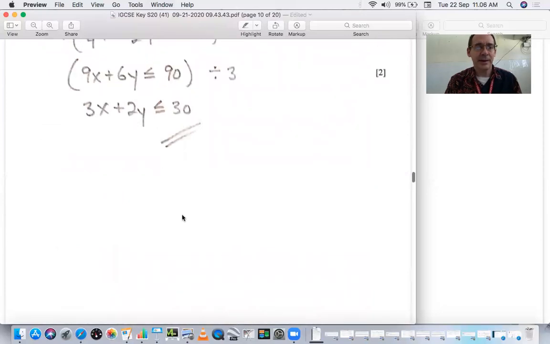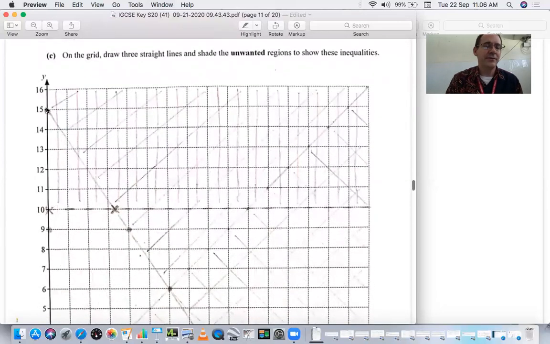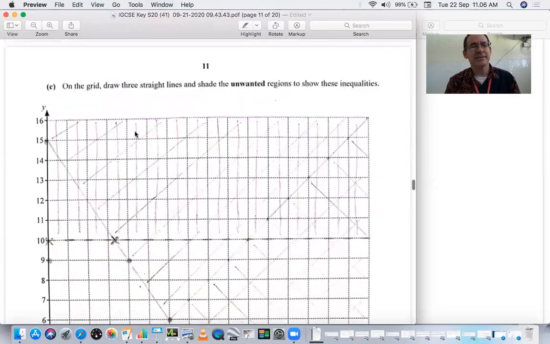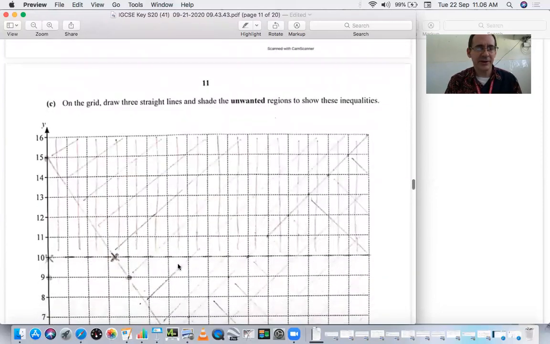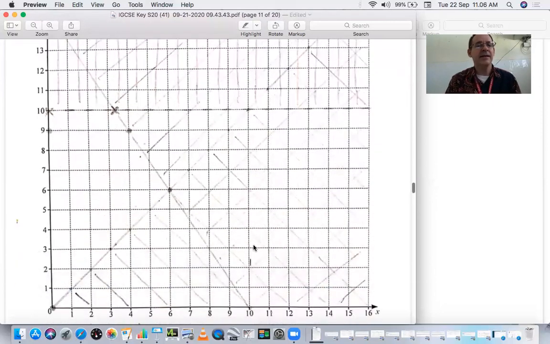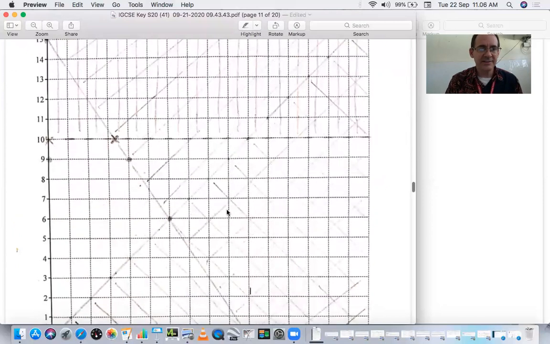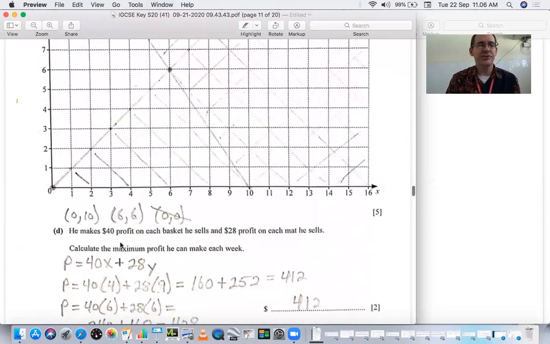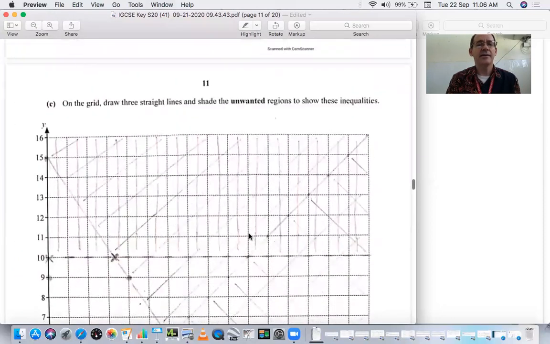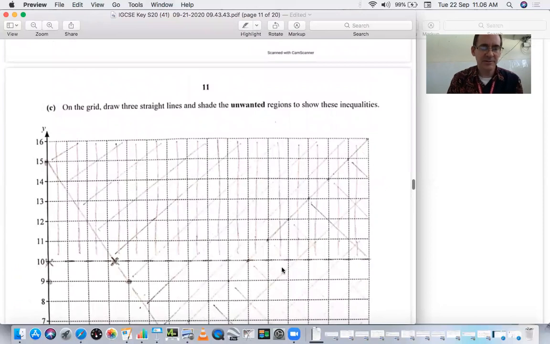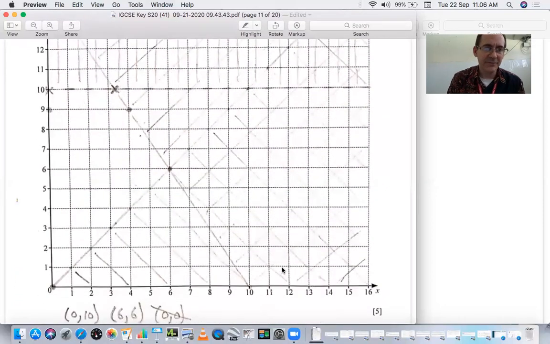And 30 divided by 2 is 15. So we have a 15 on the y-axis. And it says less than or equal to. So it is a solid line. And we do the shadings in the opposite direction of the inequality, because it says to shade the unwanted regions. So the region that you should have left after you shade the unwanted, that means opposite from the inequality, and this region over here is your feasibility region.